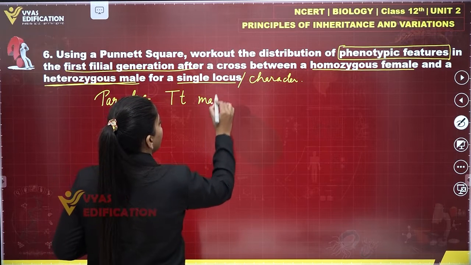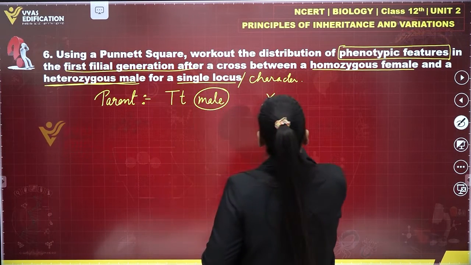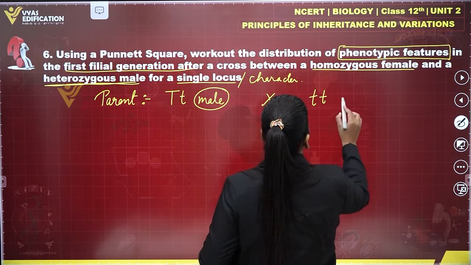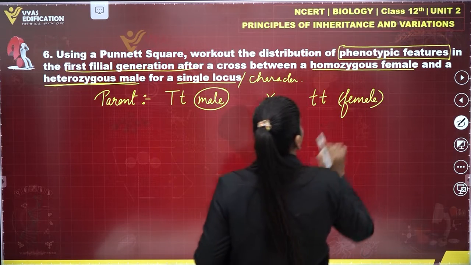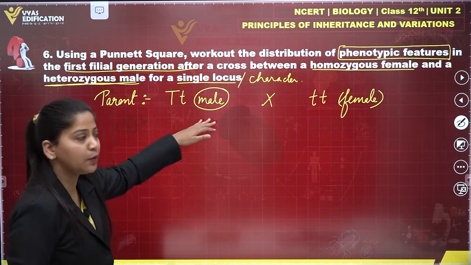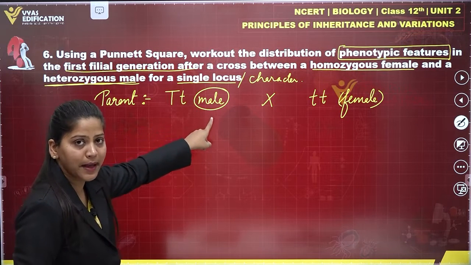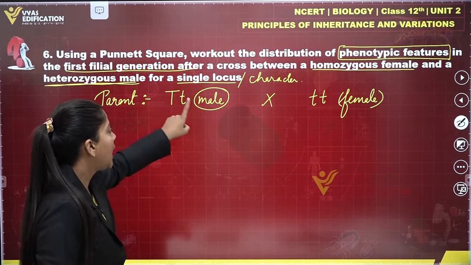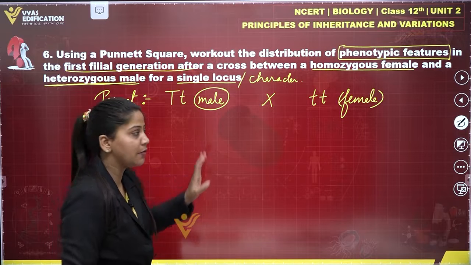This male with heterozygous condition is mating with a homozygous female. That's what we are instructed to do. So we have taken a heterozygous male and a homozygous female.